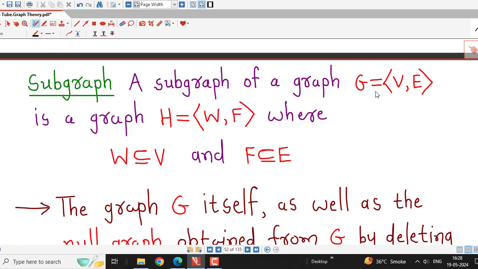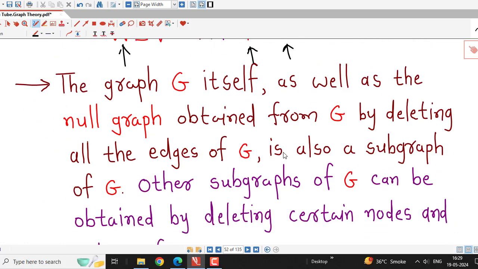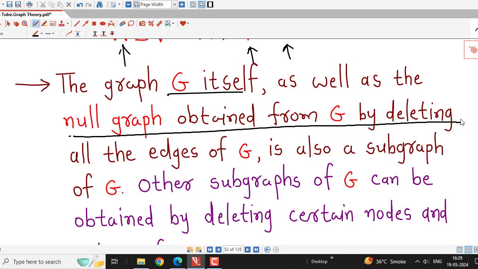A subgraph of a graph G is a graph capital H where vertex set of H, W, is a subset of vertex set of G, which is denoted by V here, and edge set of H is a subset of edge set of capital E. And the graph G itself as well as the null graph obtained from G by deleting all the edges of G is also a subgraph of G. These are trivial subgraphs.